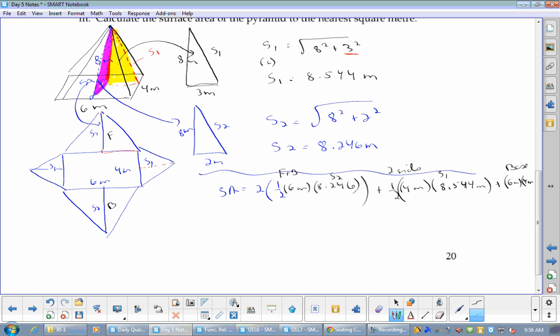I don't know if you can see that there. 6 meters times 4 meters.